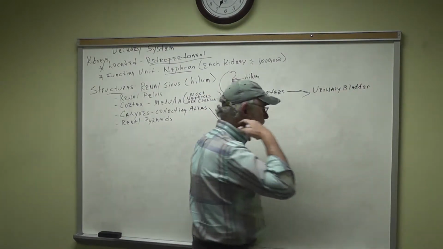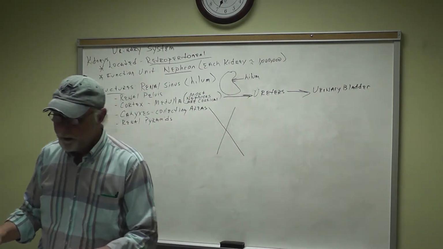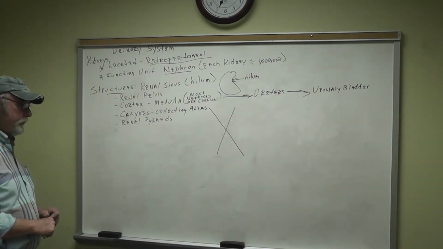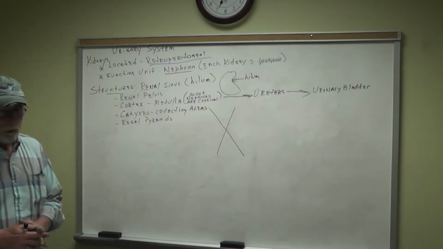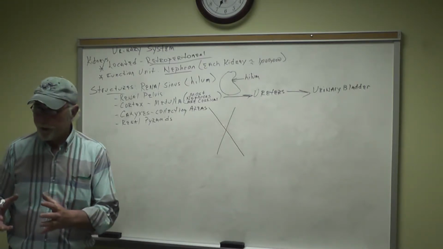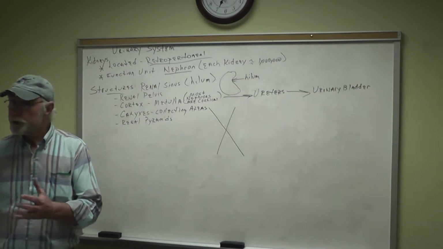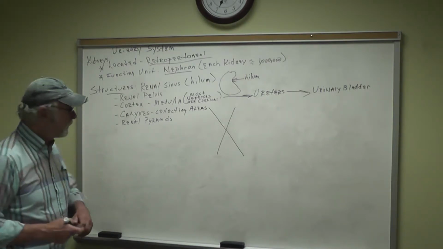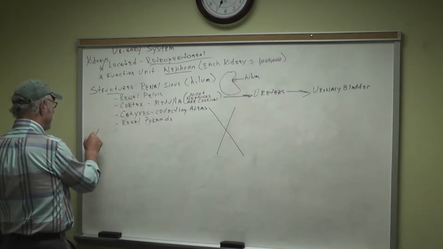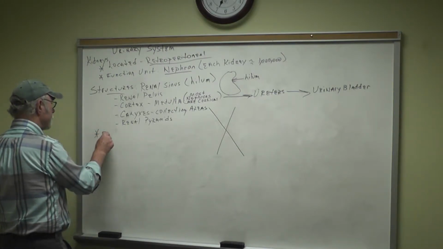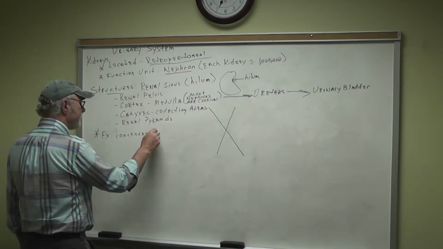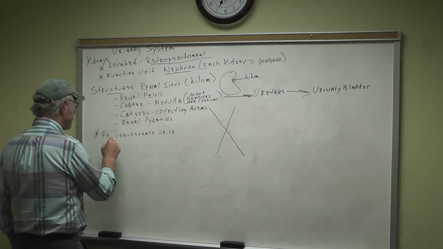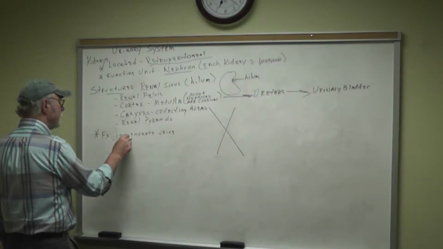All right, now, I suppose a lot of people have an idea about what the kidneys do. They say they filter the blood. Well, yes, they do that, but our kidneys are designed to, a primary function is to concentrate urine and conserve water. And in the urine, we want to get rid of waste. So primary functions are: concentrate urine, conserve water.